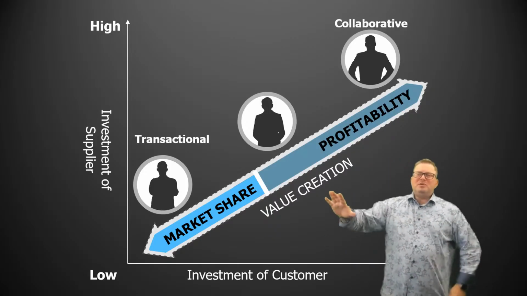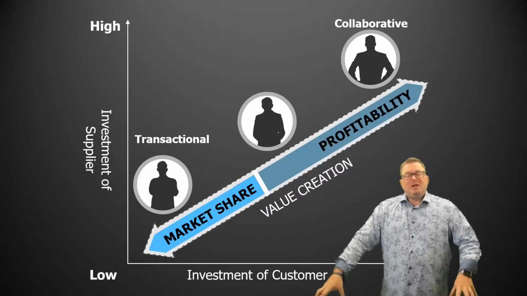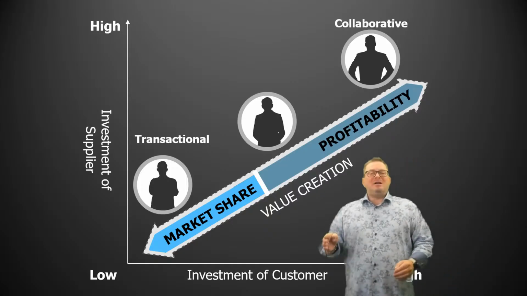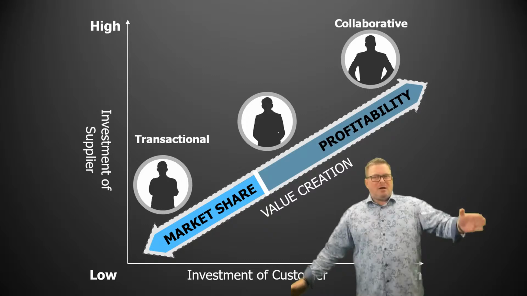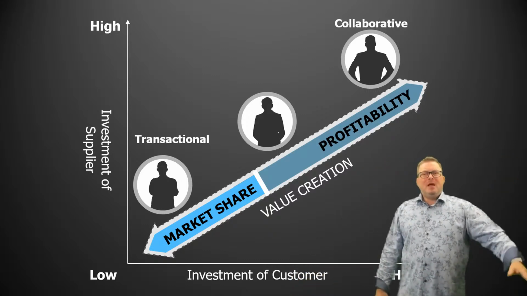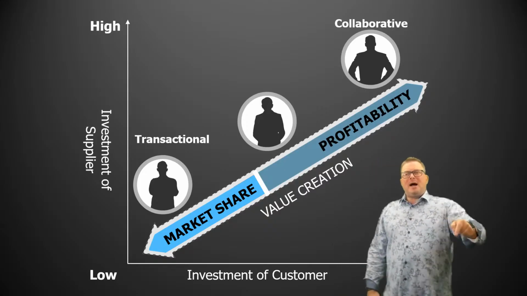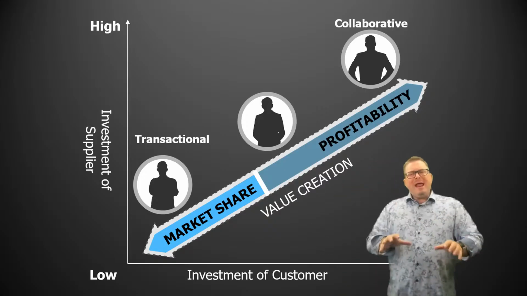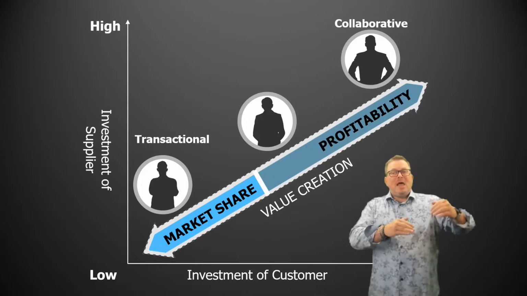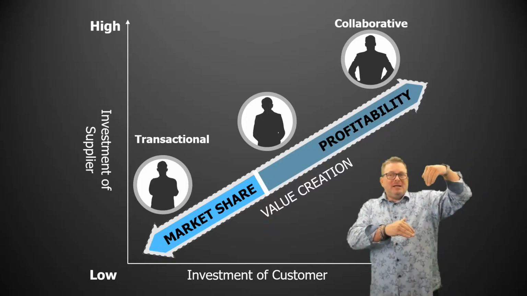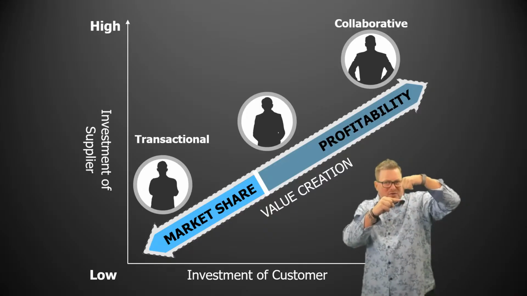So, what you see here is a basic diagram of the average relationship between a prospect and a customer. When we look at the two sides, we see investment of customer, and on the side we see investment of supplier. And we see that we have the option of low to high. So when a customer has low investment and when a supplier has low investment, we come to the bottom of the grid.